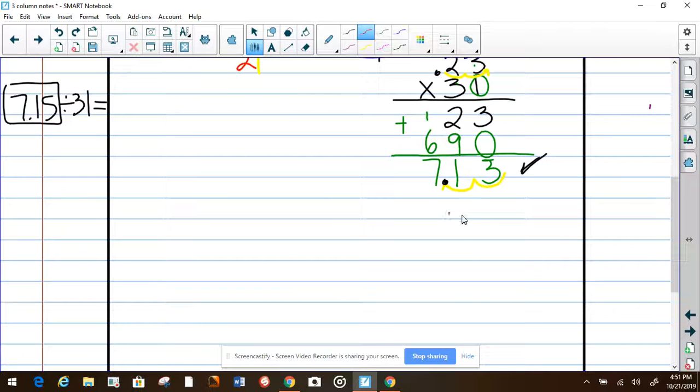So 200ths will be written like this, and when we add them up, it should be the dividend in the division. And look, it's right here. So now we know that the quotient for this problem is 0.23 with a remainder of 2.